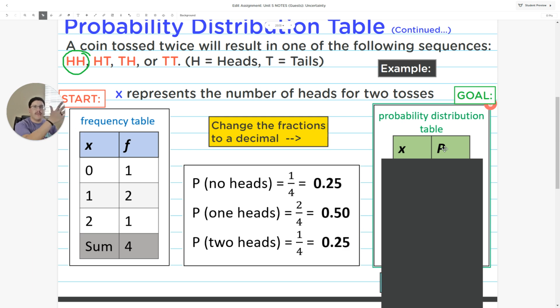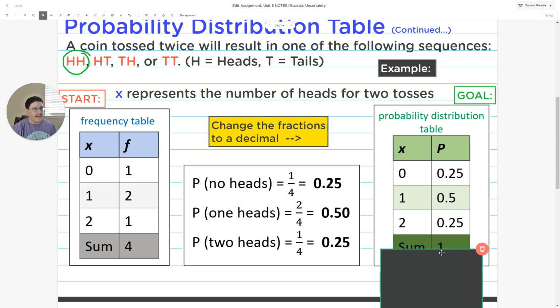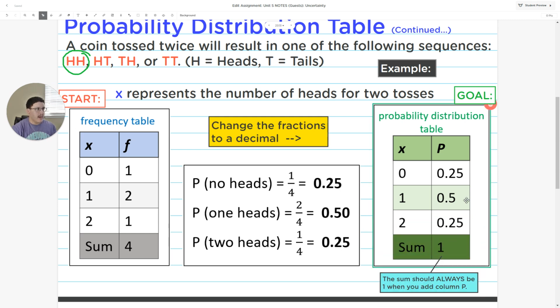P represents probability. What is the chances of getting said outcome? So now 1 changes to 0.25, 2 changes to 0.5, 1 same thing. When you total all of this up, your probability distribution table should always be 1 if you did this correctly.